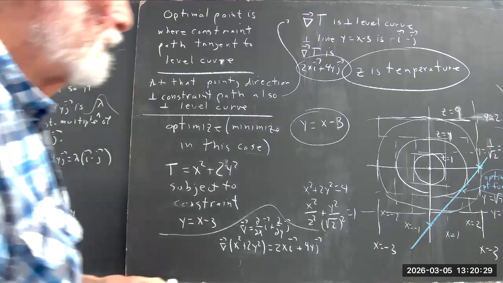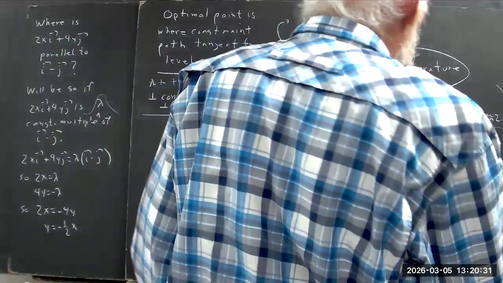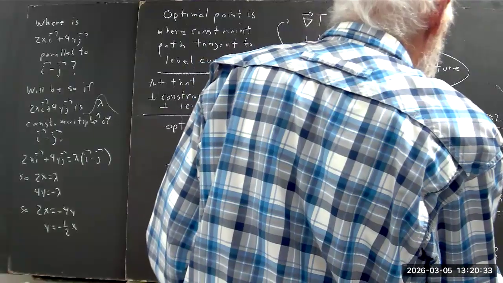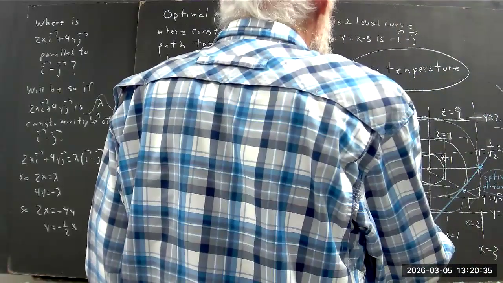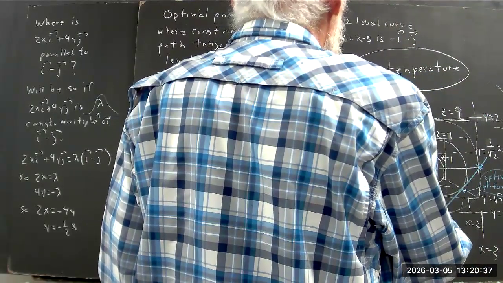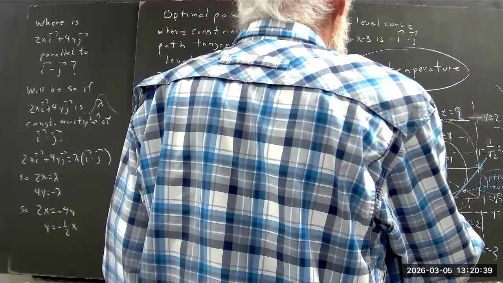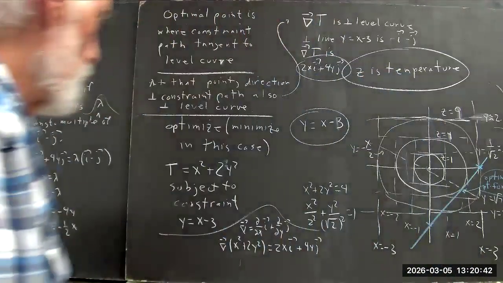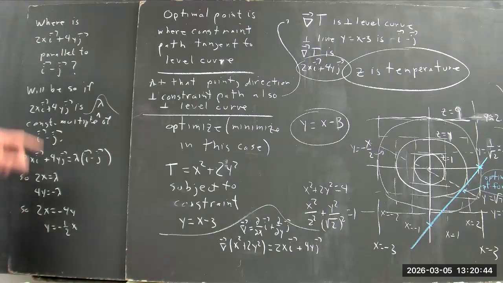So we have the line y equals negative 1/2 x that comes out of this process.